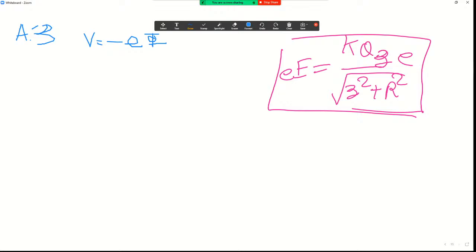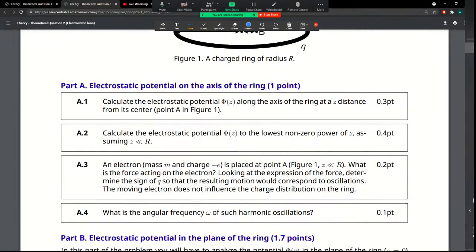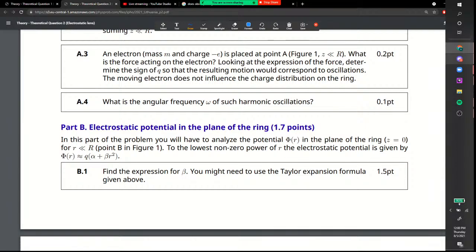Okay, then that looks right. So then find the angular frequency of harmonic oscillations.